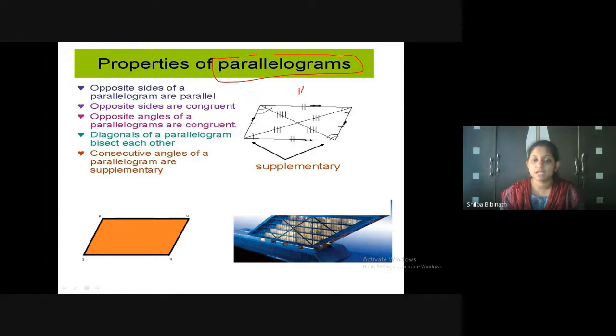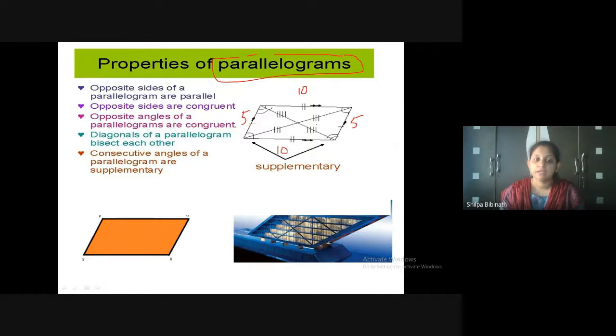If this is 10, this will be 10. If this is 5, this will be 5. Opposite sides are parallel and congruent. Diagonals of a parallelogram bisect each other, dividing into two equal parts.